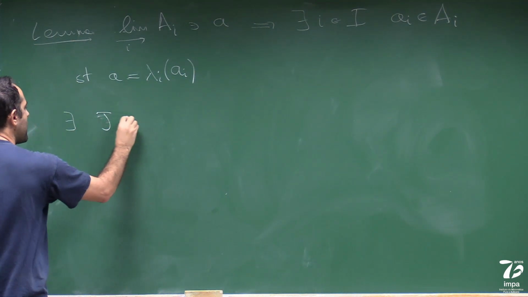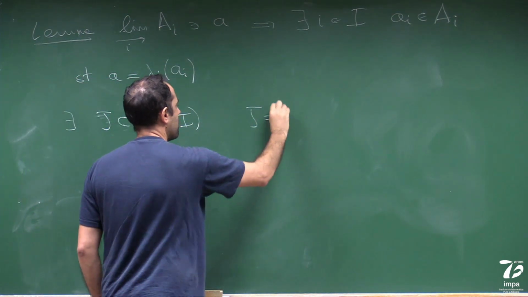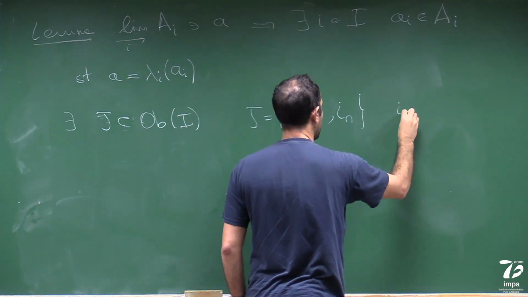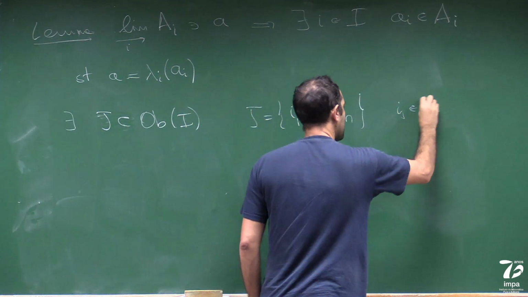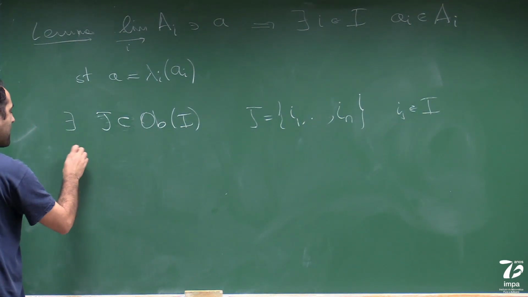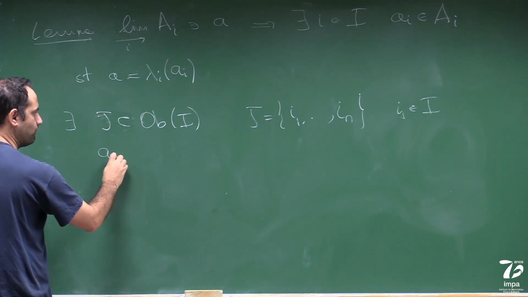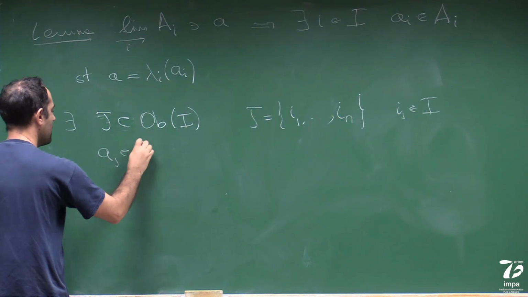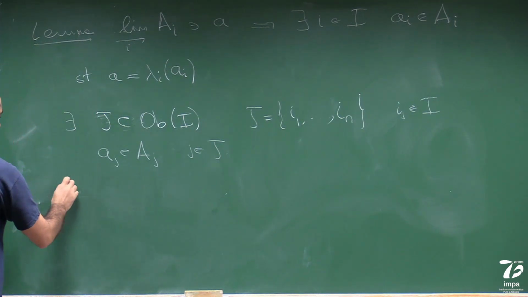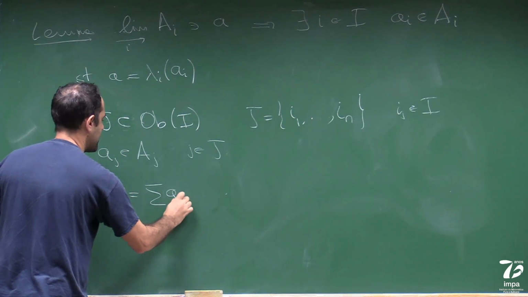There exists a set J inside of the objects of I, so J is some i_1 up to i_n, where each i_j is in I. And this is a finite set because my sums are finite, such that there is an element a_j in A_j for every j in that set, such that A is equal to the sum of these a_j's.